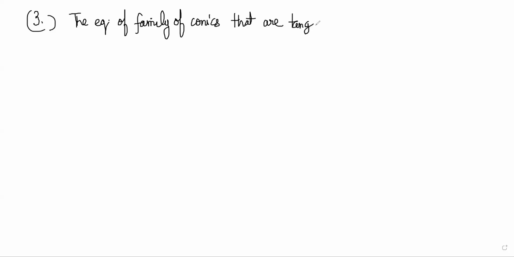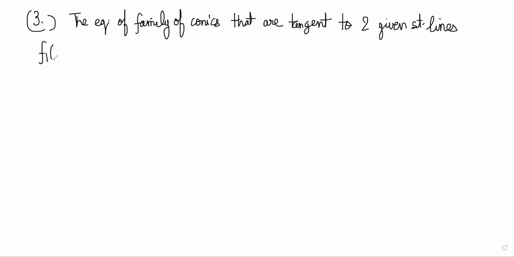The third example is this one. The equation of family of conics that are tangent to two given straight lines.